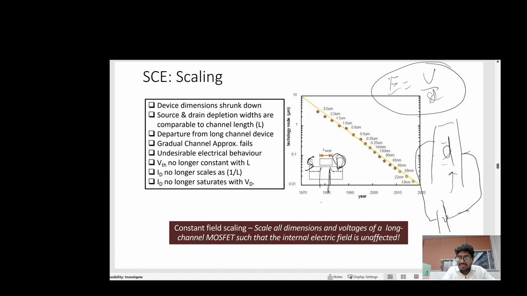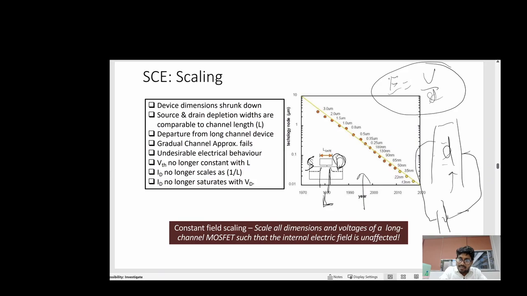That channel length is denoted by L. If the whole size of the transistor shrinks, this L, the channel length, will also shrink, right? The distance between source and drain will also shrink. So the electric field E will be very high, right?